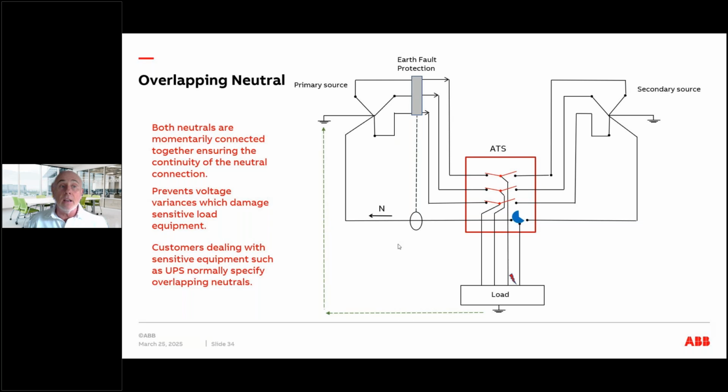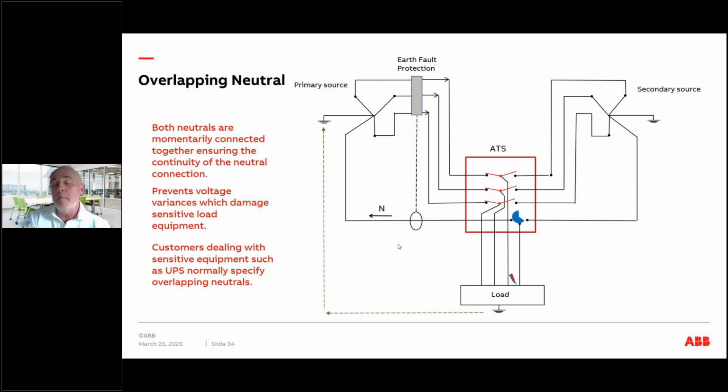So again, like we saw with the switch neutral, in this position, when you got the primary source being fed to the load, as you can see, the three phases are being supplied to load along with the neutral. And the neutral now, like with the switch neutral, is not common to both the primary and the secondary. The difference between this one and the switch neutral is that the load never sees a break in the neutral.